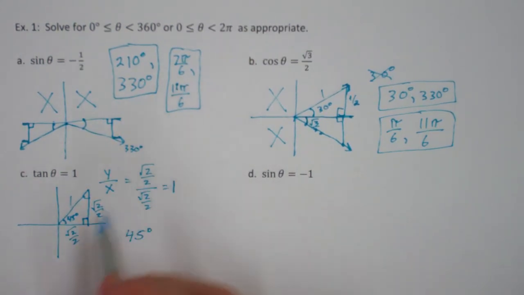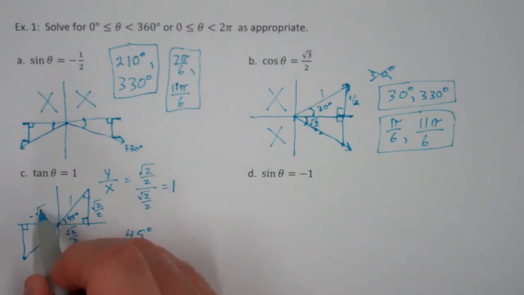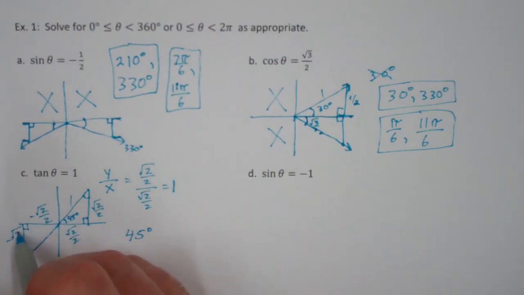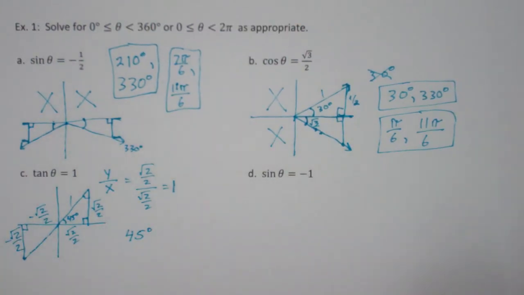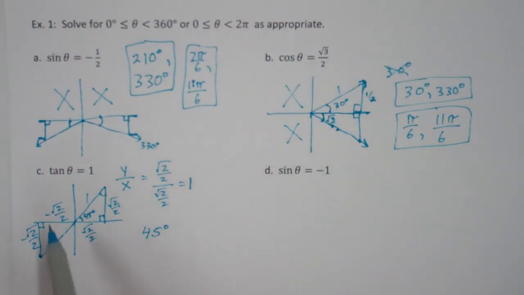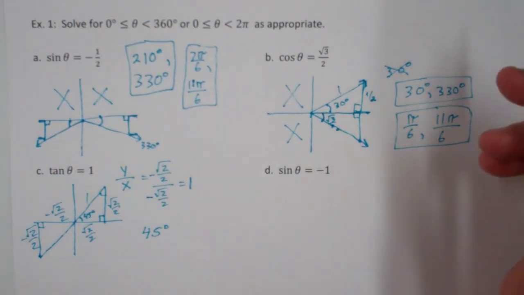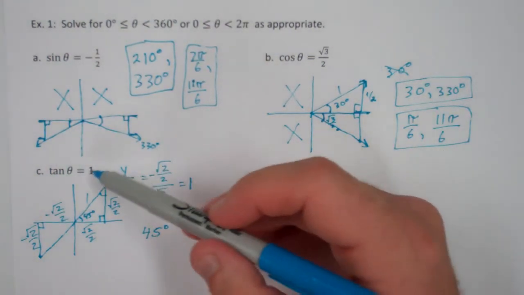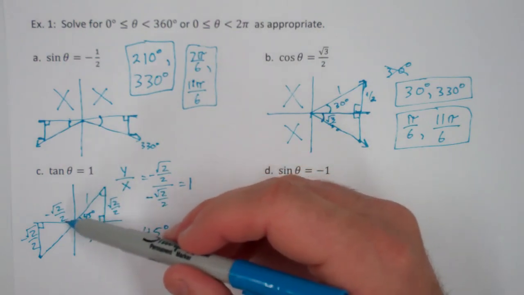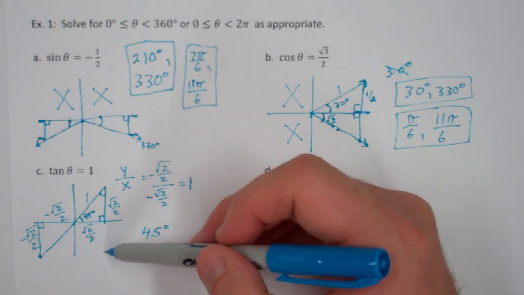There's another angle down here where the same thing happens, but the x is negative, so that's negative root 2 over 2, and the y is also negative. I'll try to move this over if you guys can't see that. Hopefully that's good enough. A negative over a negative is still a positive 1. The situation that we don't want when the tangent is positive is for the x to be negative and the y to be positive, or for the x to be positive and the y to be negative.